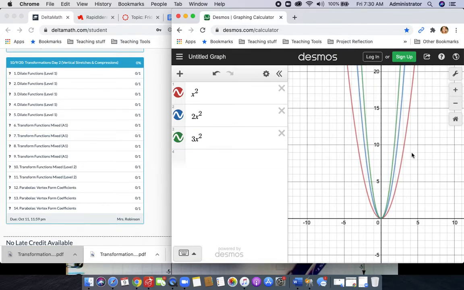So it's kind of like taking those arrows and stretching them upward. But unless there's a vertical or horizontal shift, that origin is still going to remain our vertex. What if it was 100x squared? Wow, that's even skinnier. It's very narrow, right? So the larger the a value gets, the more narrow the graph becomes.